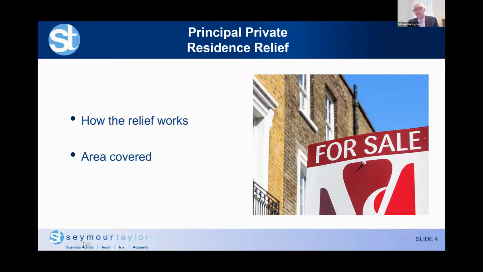This may help in a scenario whereby, for instance, you've purchased a new property, you've moved into the new property before the old one has been sold, so you will get that 9-month period when both properties in effect could be exempt. It used to be up to 36 months, but we've had some recent changes over the last few years, and it's now down to 9 months.